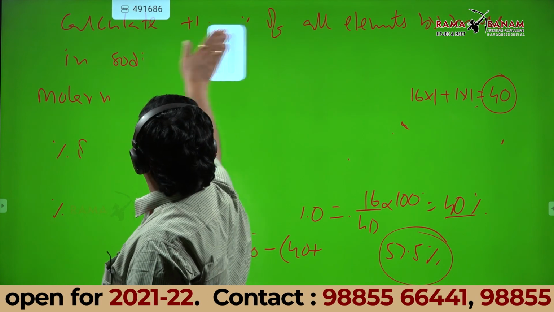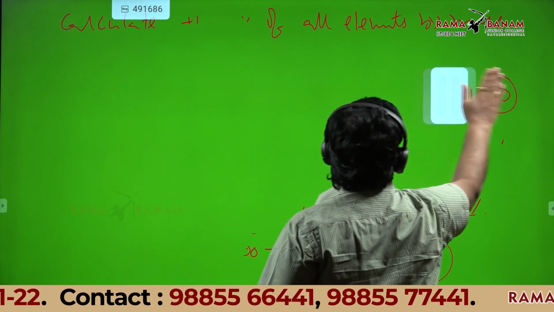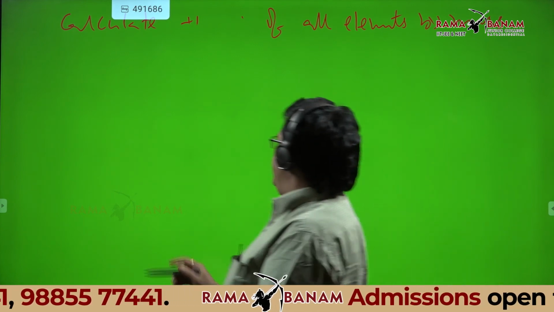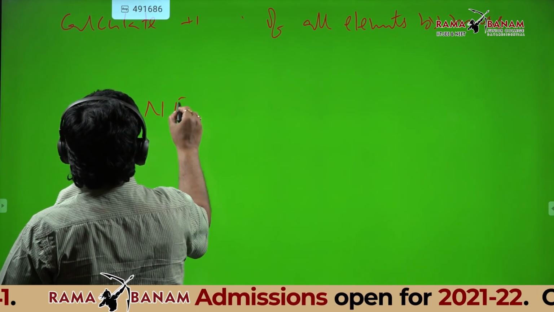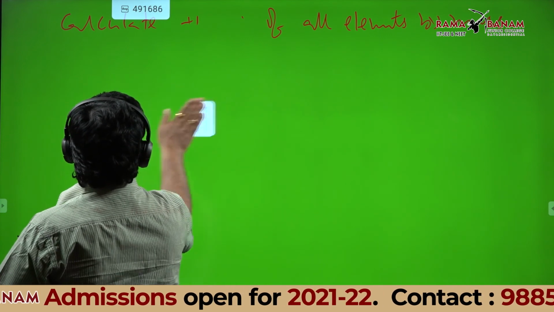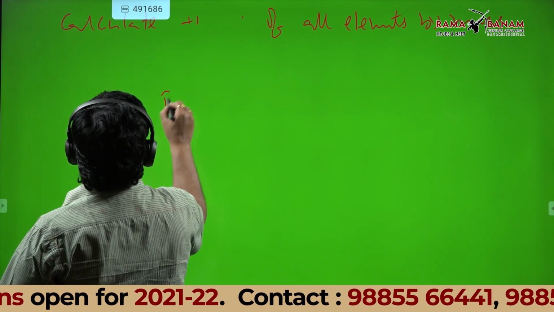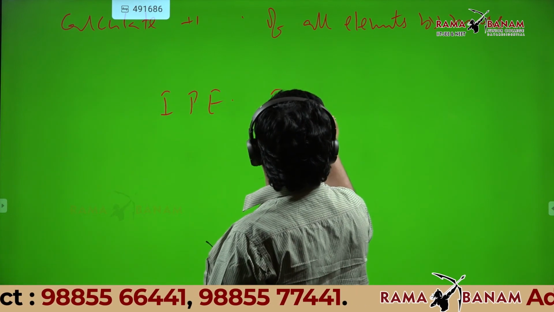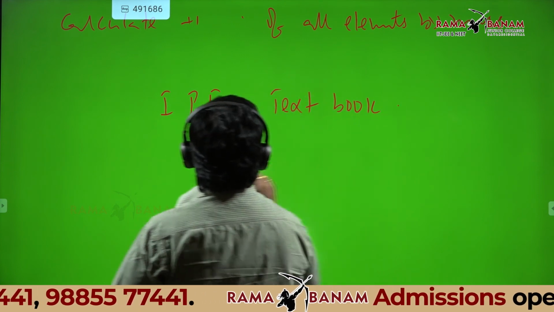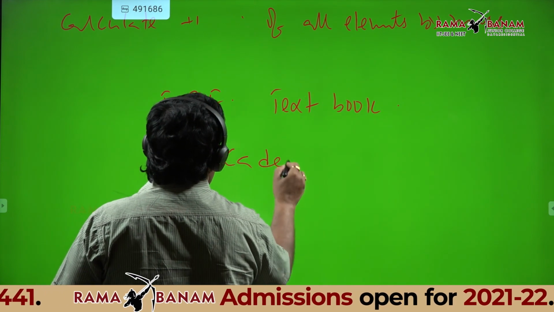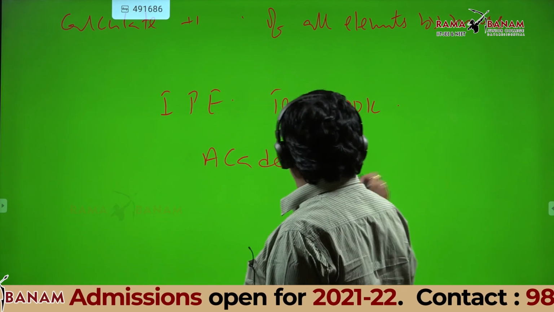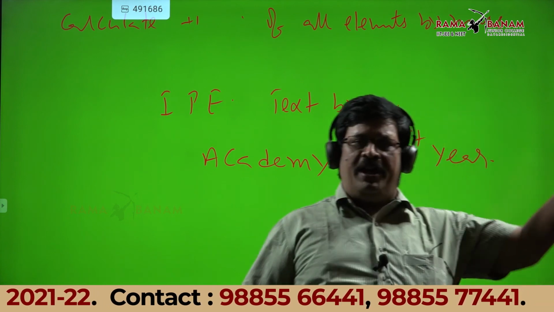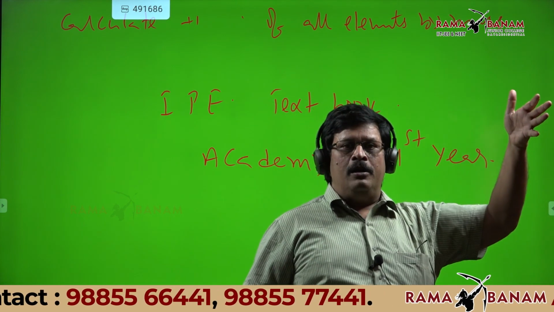By tomorrow, everyone, if possible, you all purchase either the NCERT textbook or, if you are in intermediate, the IPE, Intermediate Public Exam, textbook. The first year book only you purchase, which is available in Rajeshwari Book Depot and Jyoti Book Depot.